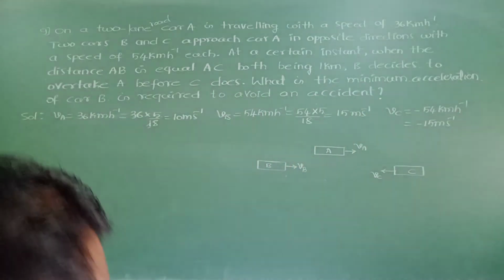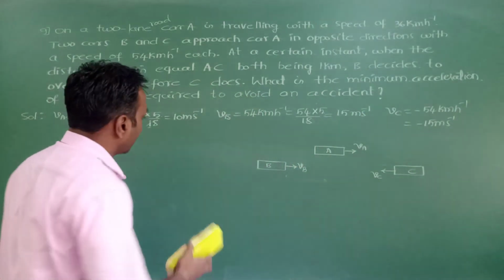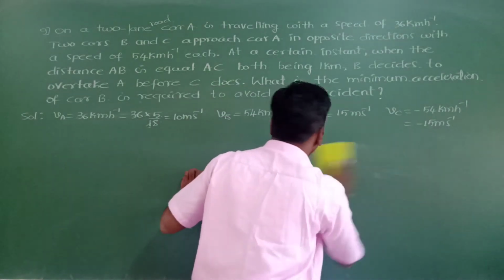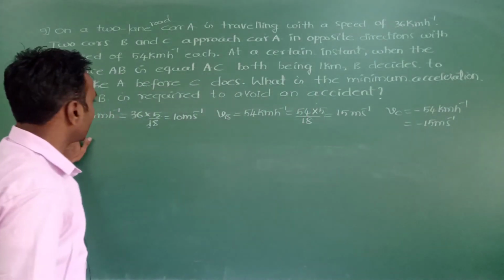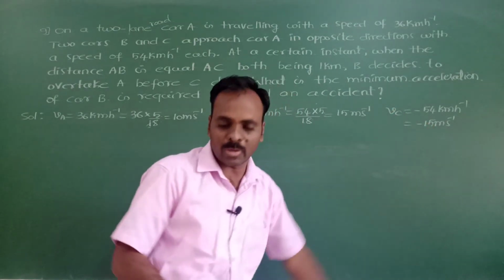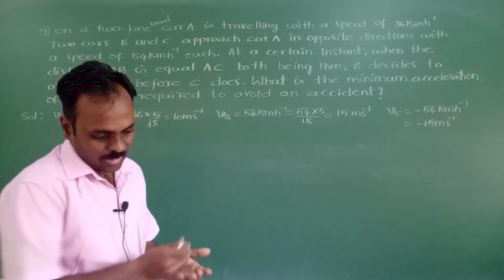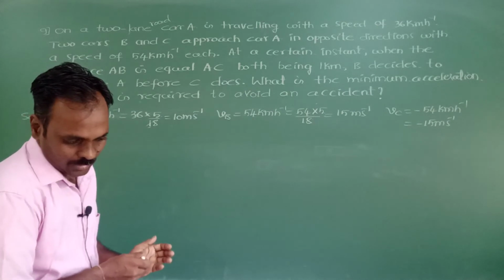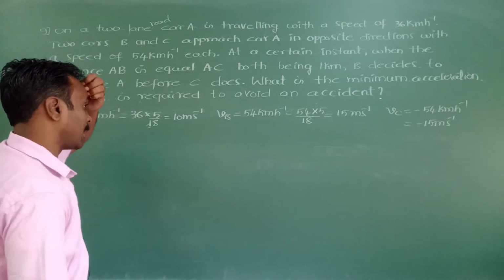Okay. Now, we have calculated the velocity of A, the velocity of B, and the velocity of C in meter per second. First we calculate the relative velocity of car C with respect to A.